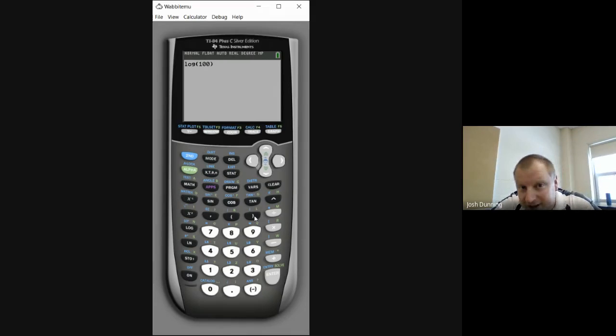You got the ones, the tens, the hundreds, the thousands. Each time it goes up by a factor of 10. We use base 10. So it's like there's a little 10 written down there, and that should make sense. What power do you raise 10 to get 100? Well, that's 2.